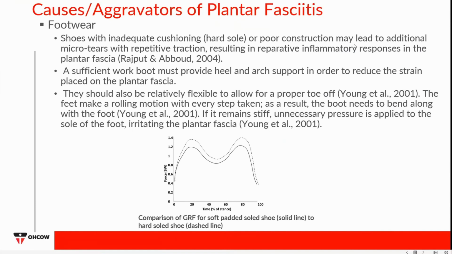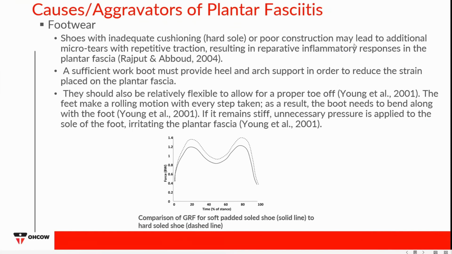They should also be relatively flexible to allow for a proper toe off, and the feet need to make a rolling motion with every step taken. As a result, the boot needs to bend along with the foot. If it remains stiff, unnecessary pressure is applied to the sole of the foot, which can also irritate the plantar fascia.